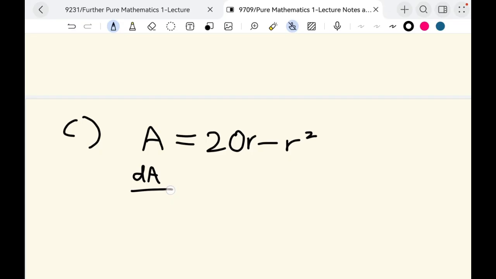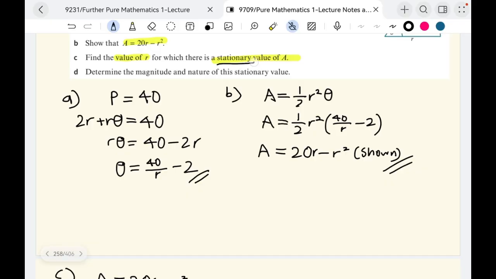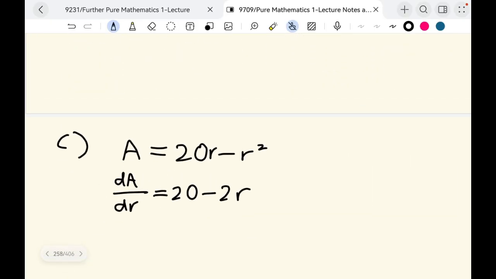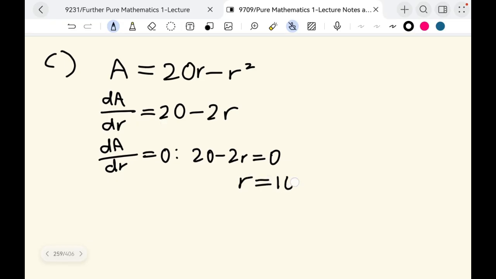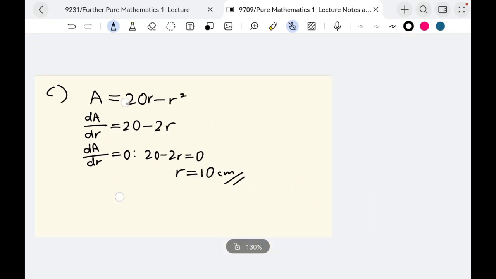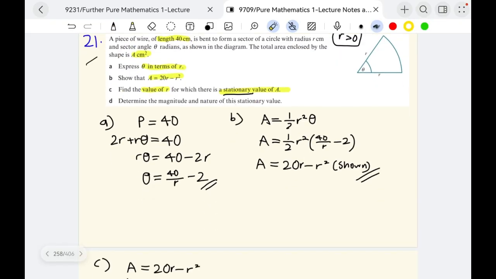The gradient of A with respect to r, dA/dr, is 20 minus 2r. And what's next? Stationary means what? Its gradient is equal to 0. So dA/dr equals 0, which is 20 minus 2r equals 0. So r is 10. The value of r is equal to 10, where A is stationary.